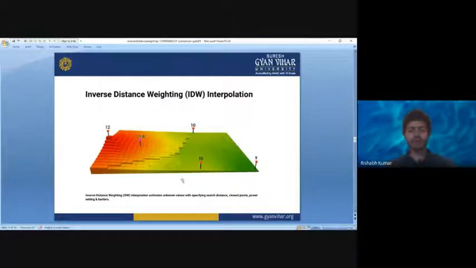So what points will be included in the input can be determined by using a circle or a search radius or by some barrier. Okay, so it does provide us flexibility to include how much of the known points we can include in our calculation of the IDW interpolation method.